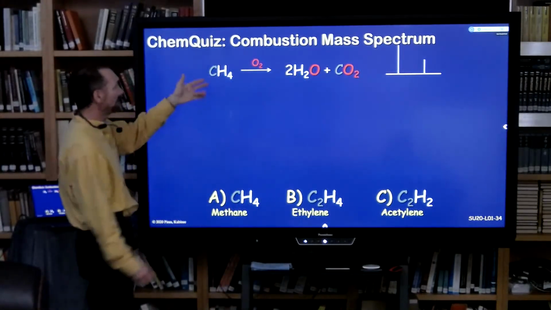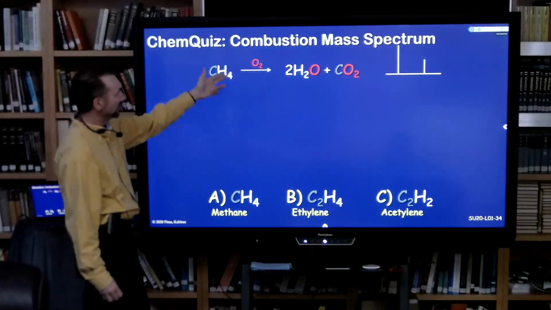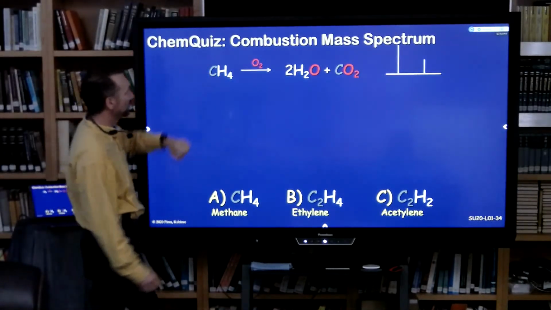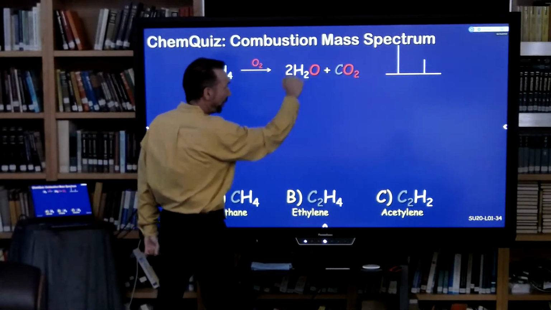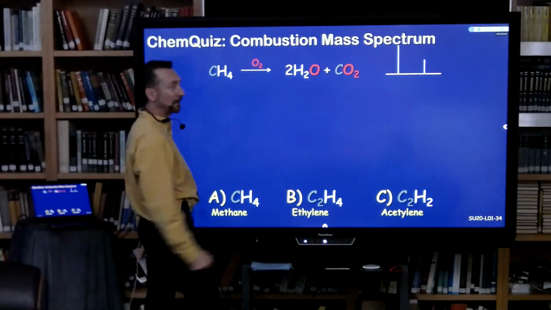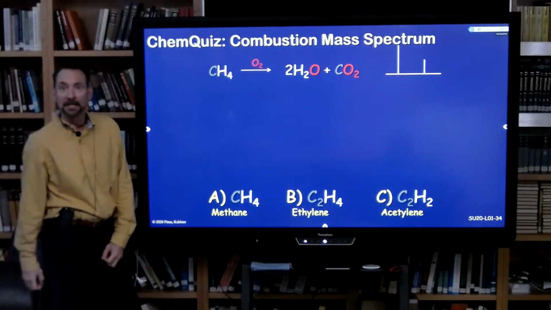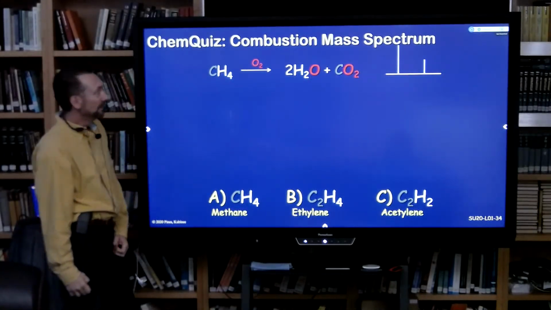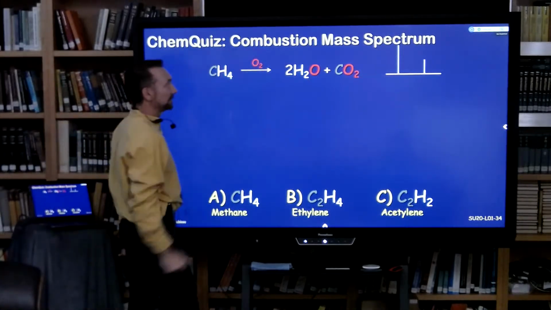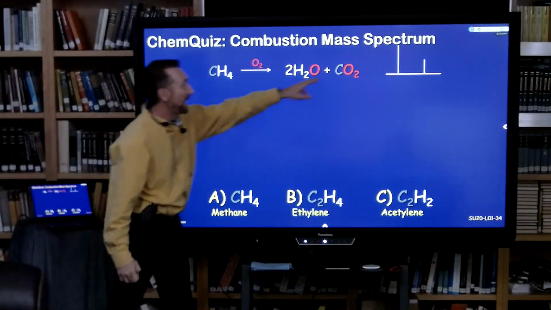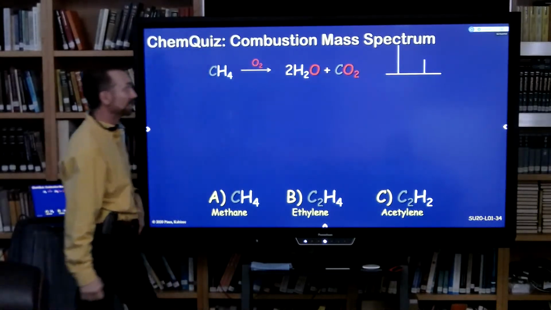You could have done this a lot of ways. You could have just written all the various combinations. If you burn a hydrocarbon, all the hydrogens in the water had to come from the hydrogens on the hydrocarbon, and all the carbons in the carbon dioxide had to come from the carbon in the hydrocarbon. So oxygen does not matter. Of course, these oxygens are coming from the oxygen, but the hydrocarbon parts are the ones you're interested in.